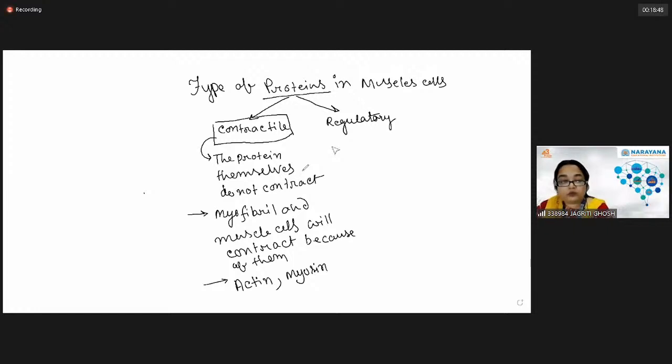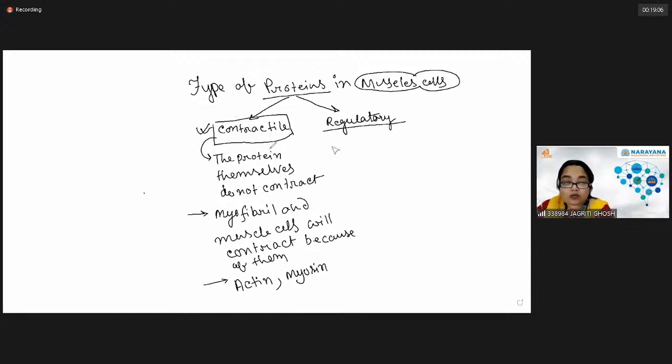So I know you people are having doubts, so I am recapitulating this part again. In the muscle cell, there are two types of protein. One is contractile protein, one is regulatory protein.